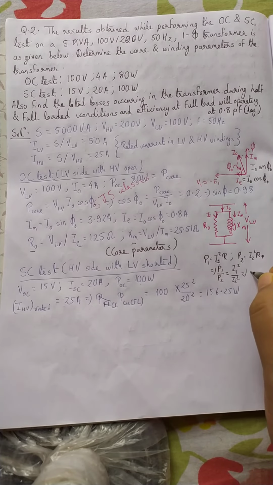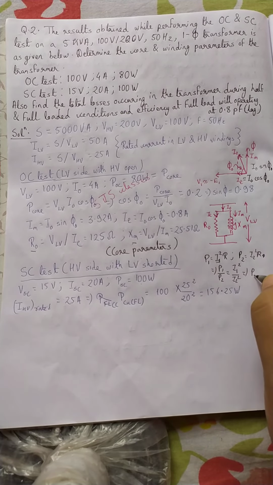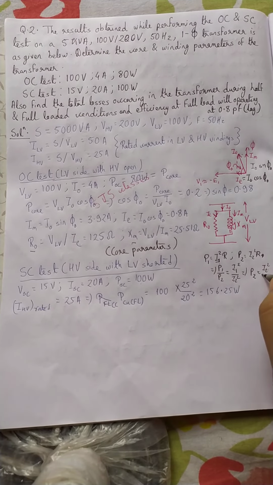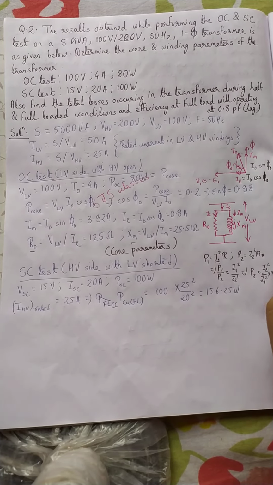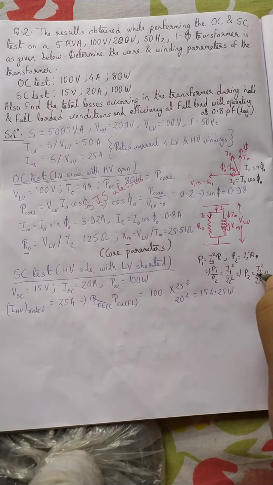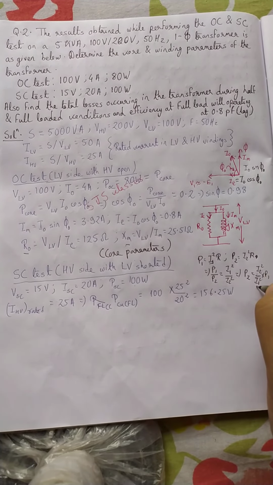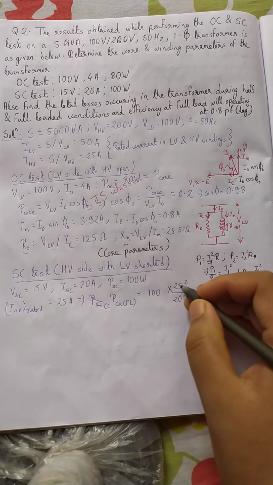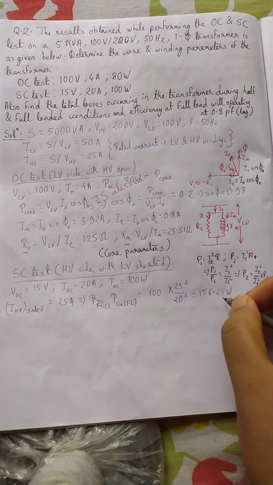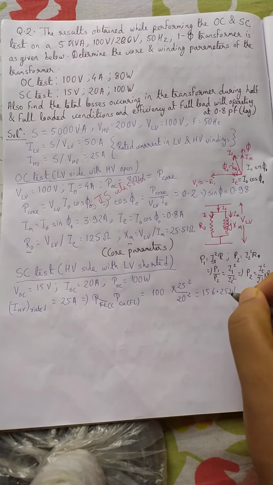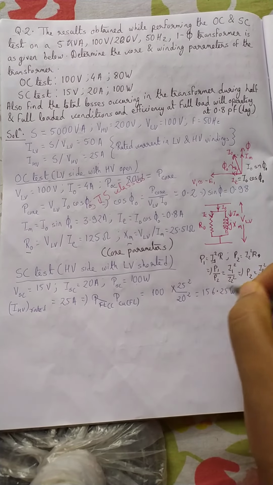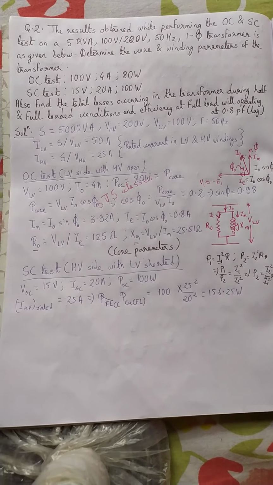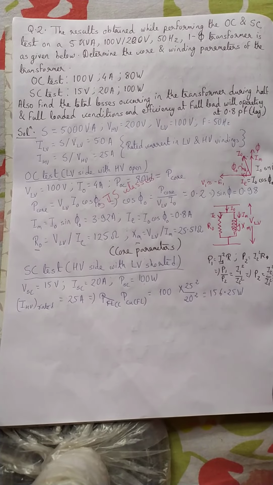From that we know P1, so we could write P2 equal to I2 square by I1 square into P1. So I2 is 25, I1 is 20 and P1 is 100. So we are getting this relationship. We are getting the full load copper loss by performing this calculation. So this is the full load copper loss that is being computed.